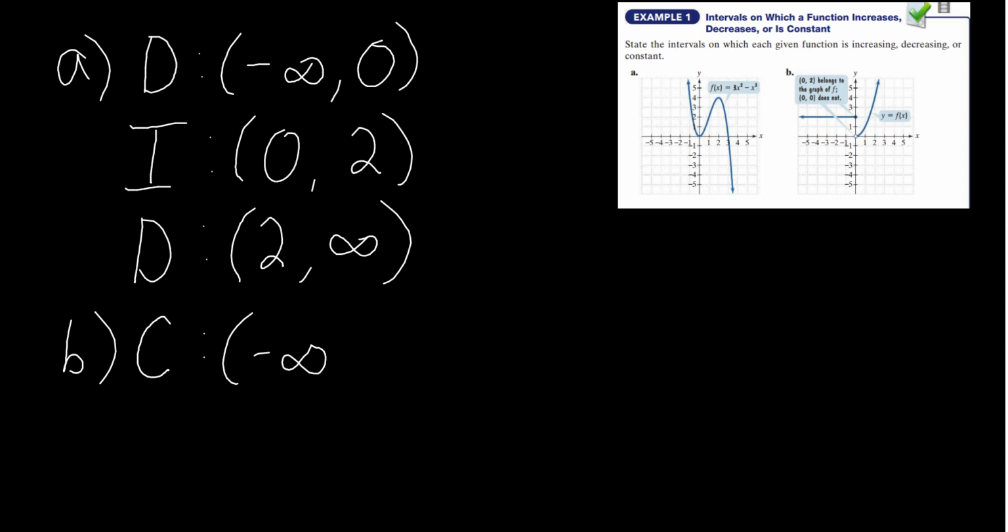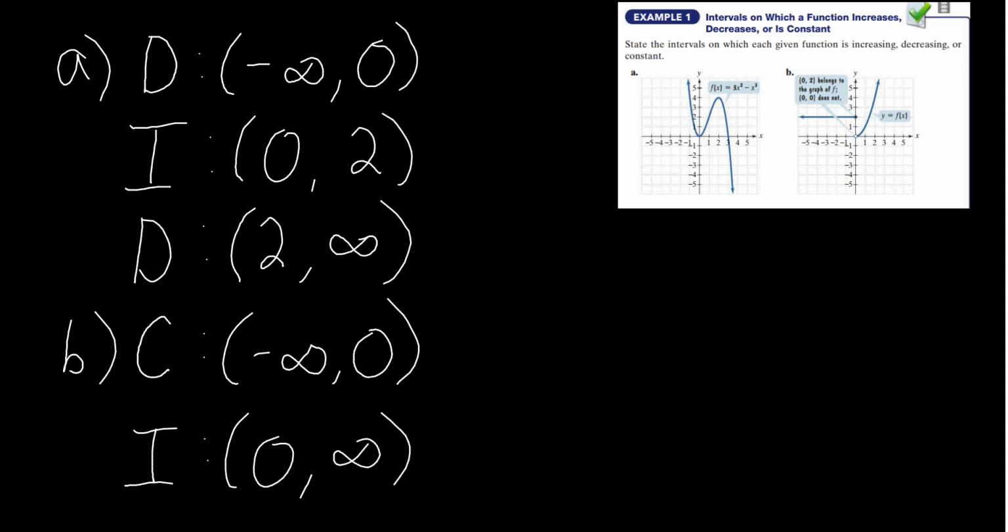I'm having a little bit of trouble with my pen today. I don't know why. These batteries are pretty new. Maybe they're cold. Anyways, that's where we're constant, and we are increasing from 0 to infinity. And that's increasing, decreasing, and constant.